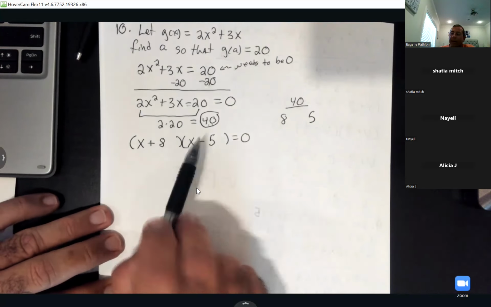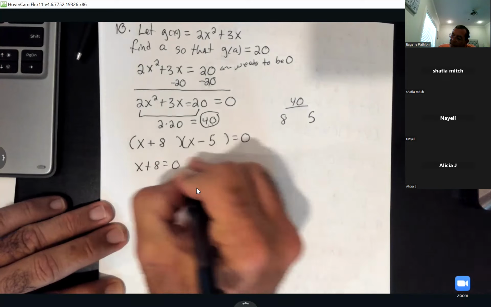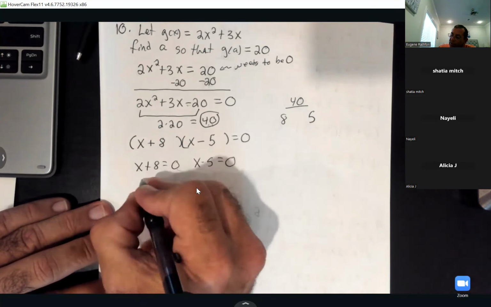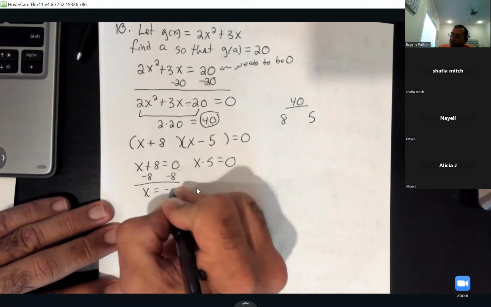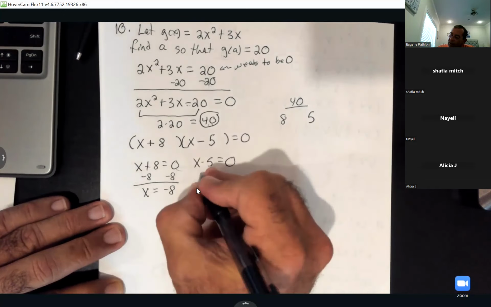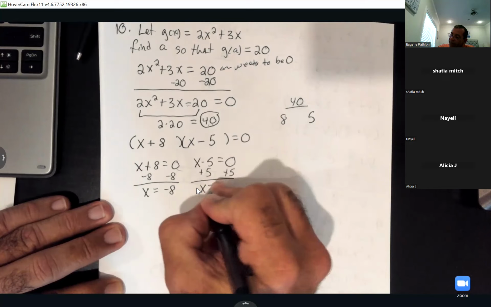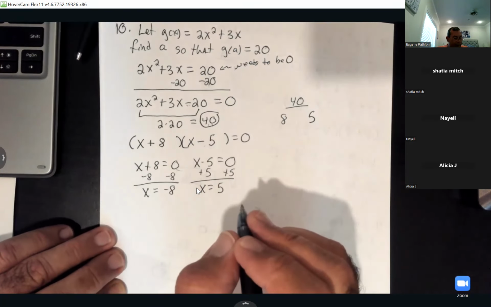Okay? So y'all, the rest of this is just setting these equal to 0. First one, we'll subtract our 8, change its sign from positive to a -8. The second one, I'll add 5 and change that from a -5 to a +5.